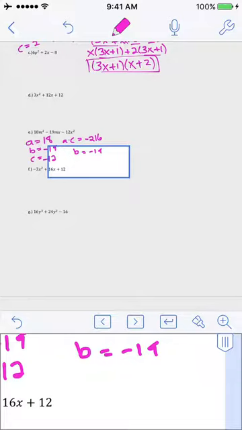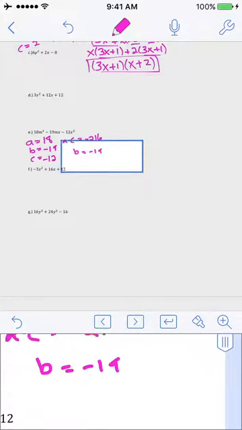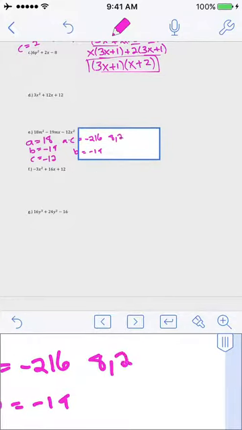Divided by 3, 3 and 72, probably not. Divided by 4, 4 and 54, not going to add to negative 19. Divided by 6, 6 and 36, getting closer, but not going to add to negative 19. Divided by 8, 8 and 27, ooh. Let's take a look at 8 and 27.